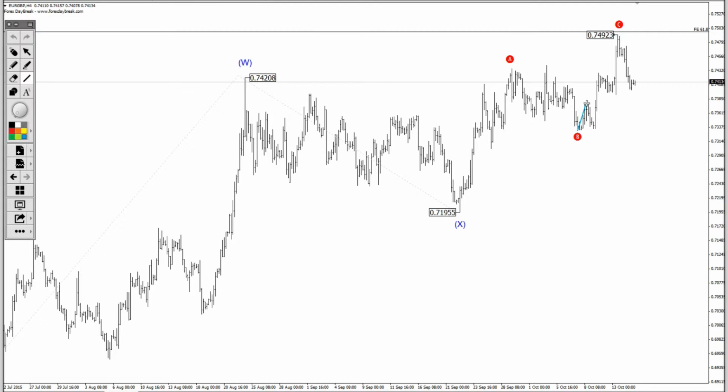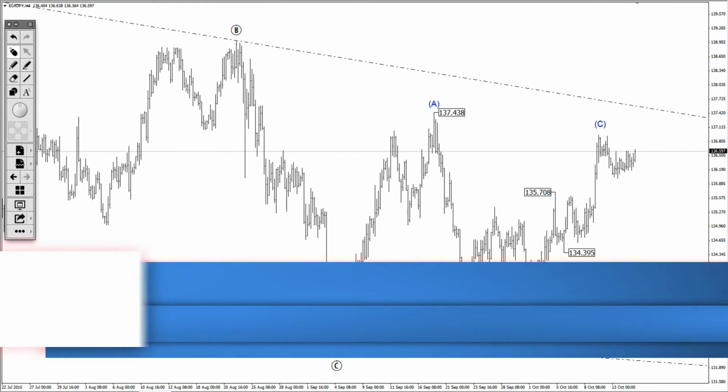So we can see a five-wave structure for the C wave has formed here, and once we see a completed five-wave structure down from that high, we can expect more downside after that confirmation or small confirmation. In my opinion, at this point it is unclear to say, but it looks very promising that the reversal has happened in euro pound. Okay, next is euro yen.